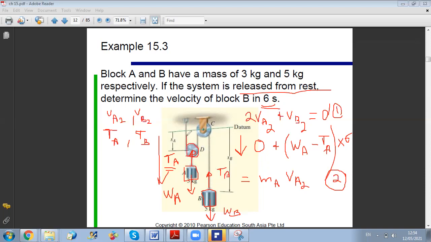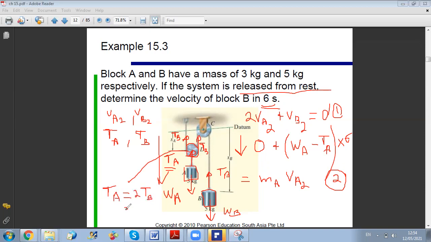So here you have this is TB and this is TB. So from the pulley, since it's a massless pulley, the sum of forces on the pulley is 0. So from the pulley relation we can write that TA is equal to 2TB. This is equation number 3.